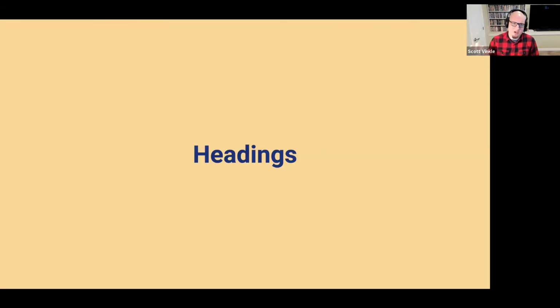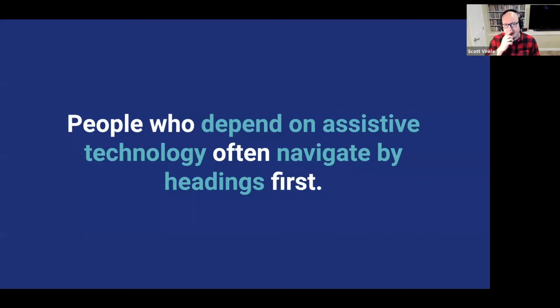So you may be asking why is this important? Here's why. It's important because when someone who depends on assistive technology, such as a screen reader, visits a new site, page, or app that they've never been to before, they'll often first navigate by headings. Screen readers have the functionality to allow the user to navigate by only a specific type of content.